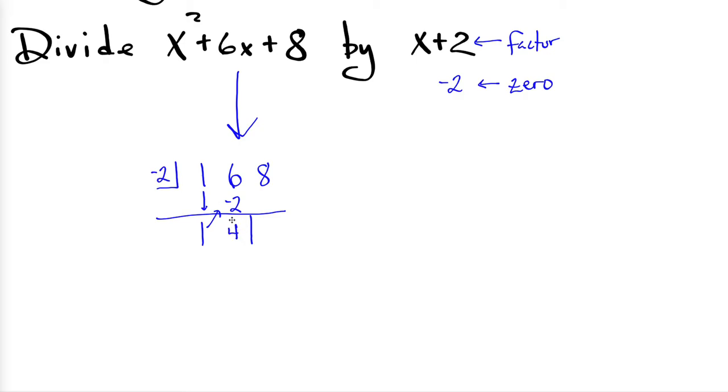Then multiply again, and add them. And my answer is going to be 1x plus 4, remainder 0. Yeah, this looks like a total different language. I'm still shocked and amazed how somebody came up with this process on their own. But it's actually pretty ingenious the way it works.